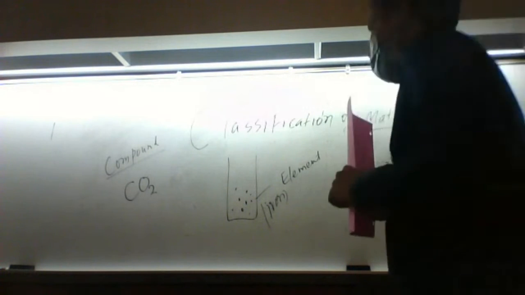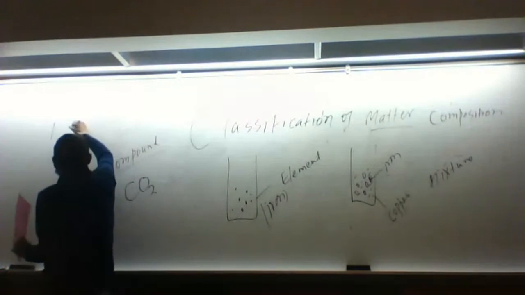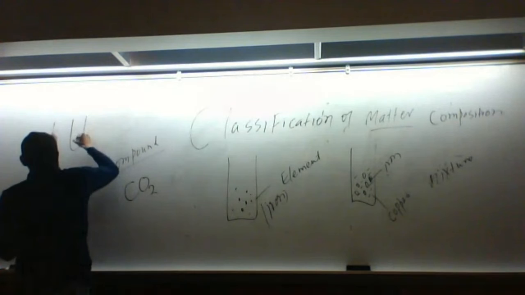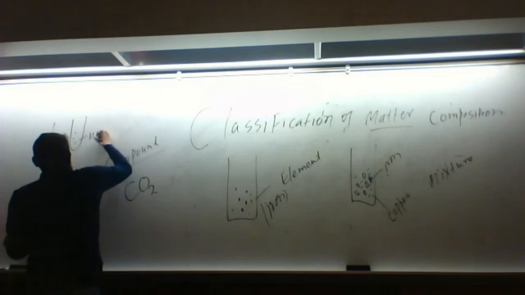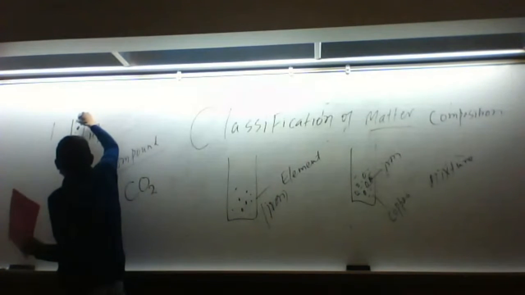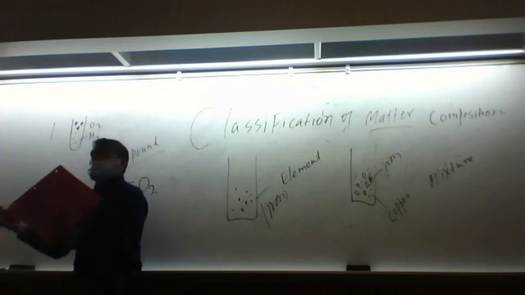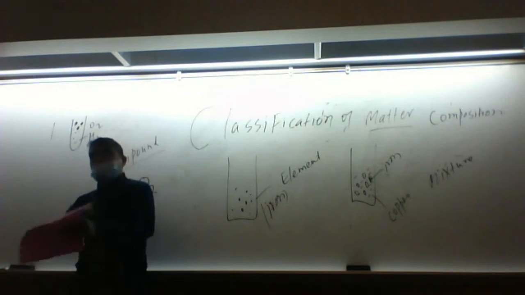For example, let's say you have hydrogen in this test tube and some oxygen here. This is just a mixture. These are oxygen molecules and these are hydrogen molecules, just mixed. They are doing nothing, just sitting there.